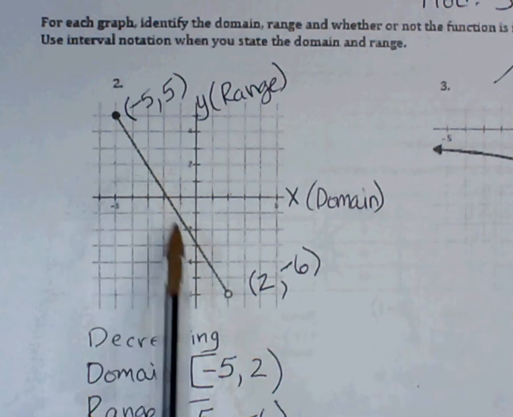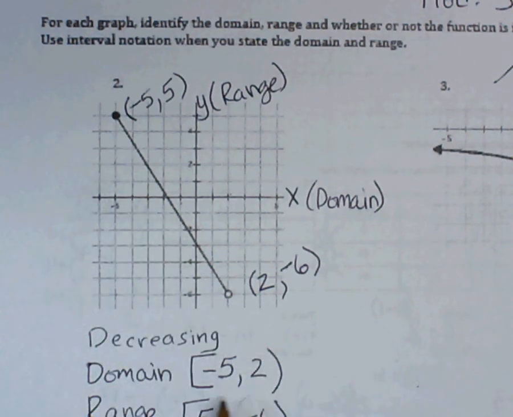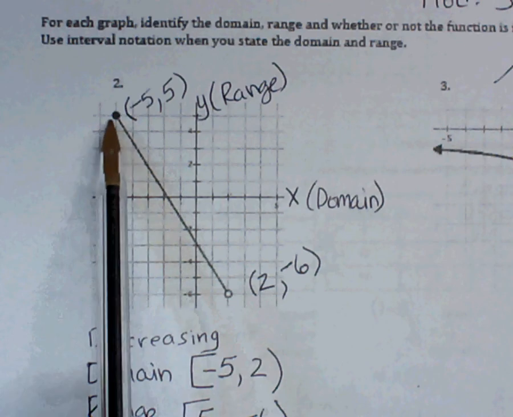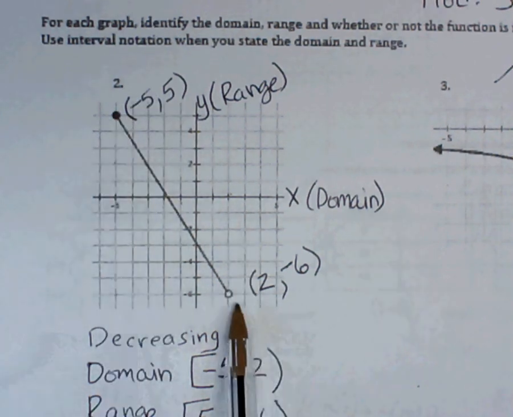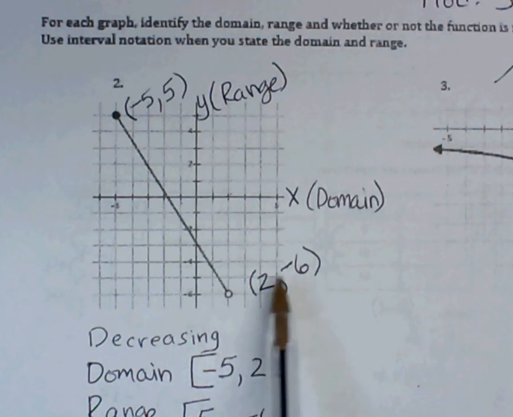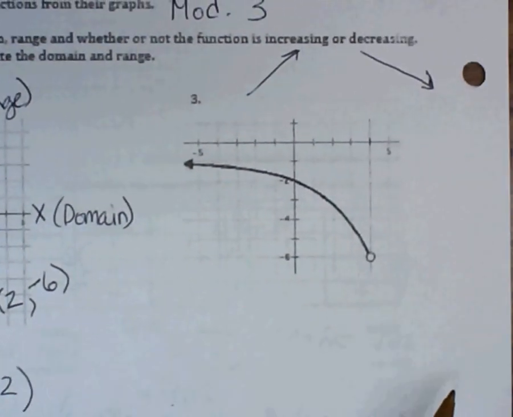So the domain and range don't have any infinity symbols in there because it doesn't go on forever. It starts here and it stops here. Closed dot means it includes the point. Open dot means it goes right up to it but does not include the 2 or the negative 6. So, okay, I'm going to move this over and we'll do number 3 right here.